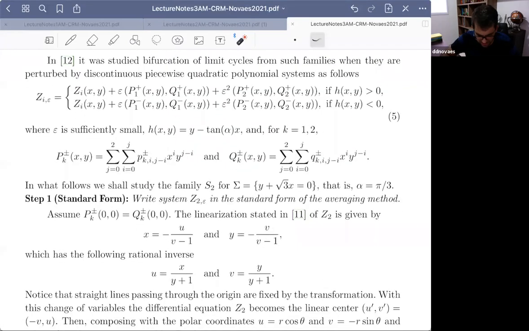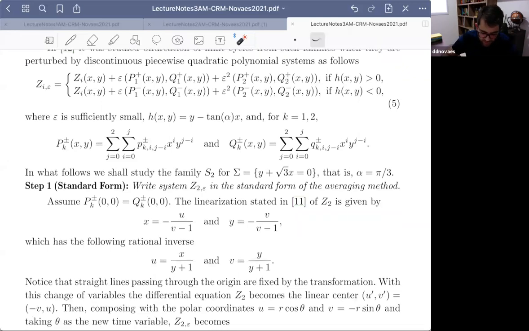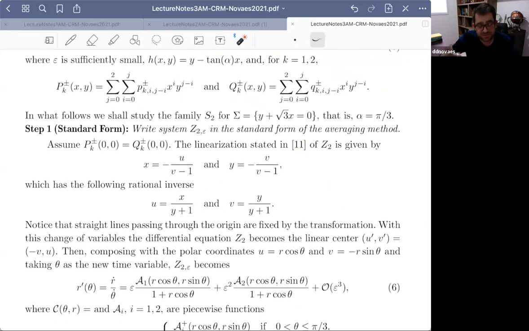So the idea, in order to use the first and second order averaging theorem here, is the same. We have to transform the system into another system in the standard form for applying the averaging method. So the first thing we have to do is linearize the system.